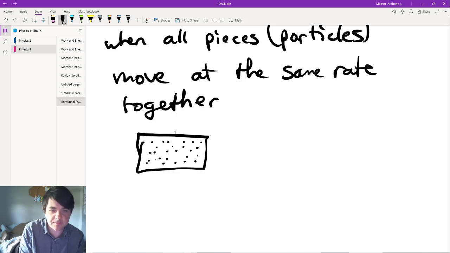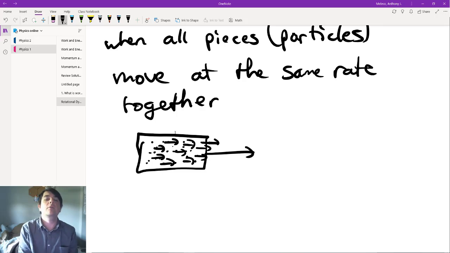Tons of pieces. And if the box moves to the right, all of those pieces move at the same rate, because the pieces of the box are all roughly static, at least on the macro level. And they're all going to move together if this box moves to the right. If the box moves down, they'll all move down. If it moves to the left, they'll all move left. If they move diagonally, they'll all move that same amount still.